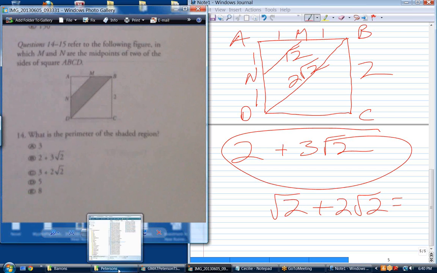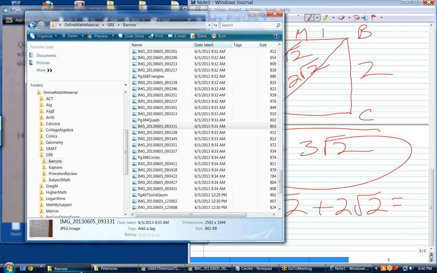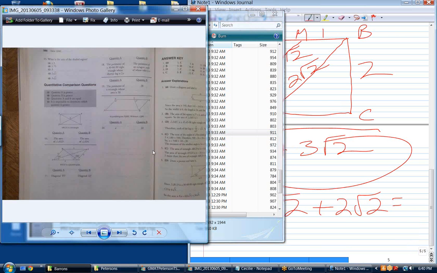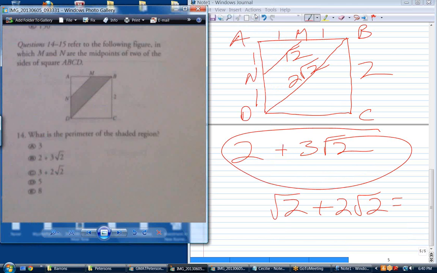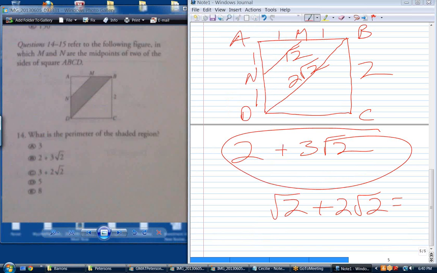Let me just open the next page and see what they're asking. I think they want the area of this. What is the area of the shaded region? Wouldn't you have to get the area of the square and then subtract?